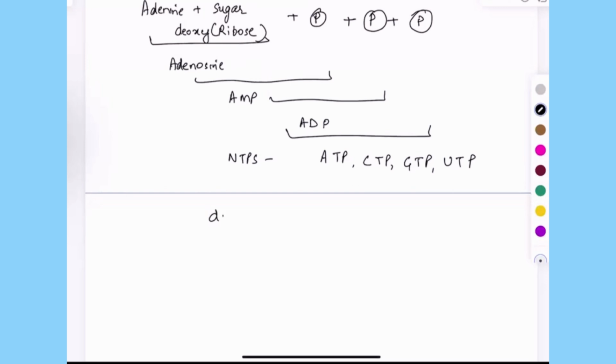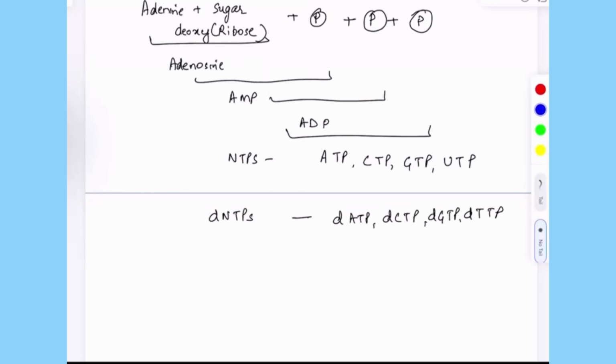The nucleotides there are called dNTPs, so we call them dATP, dCTP, dGTP, and dTTP. The only difference between the nucleotides of RNA and DNA is the 2' position sugar: in the case of RNA it is ribose sugar, in the case of DNA it is deoxyribose sugar.